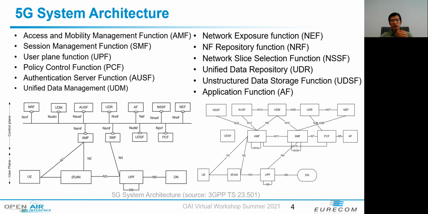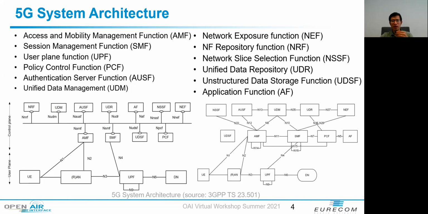So first, let us take a quick look at the new 5G system architecture. For some of you who are not familiar with the 5G core network, the new 5G system relies on a service-based architecture, which is designed for cloud-native deployment. In this architecture, the control plane network function acts as an HTTP server, providing services to the other network functions.